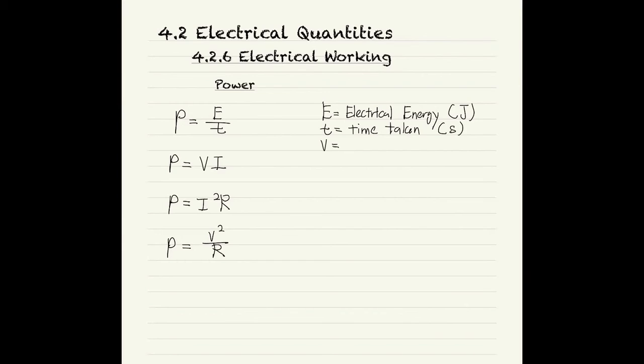V is voltage, unit is volt. I is current, unit is ampere. R is resistance, unit is ohm.